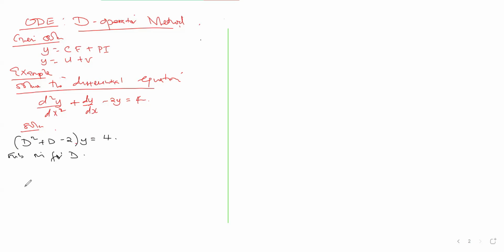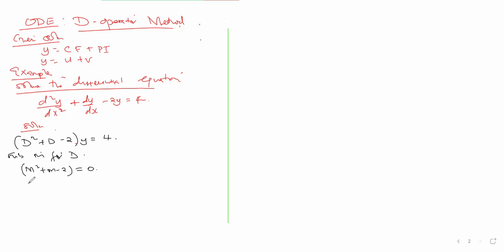Now in this part, we're going to be solving for the u part. So this will be m squared plus m minus 2 equals 0. The brackets are not a must. Find two numbers which, when you multiply, you get -2, and when you add, you get 1. Definitely that will be 2 and -1.